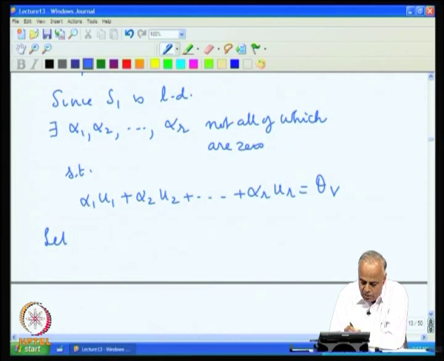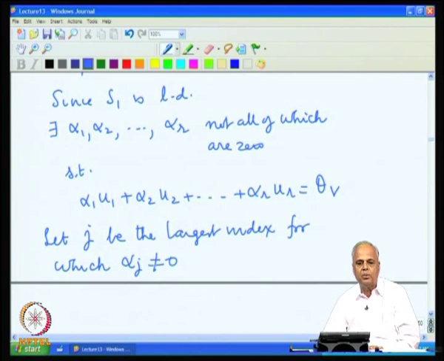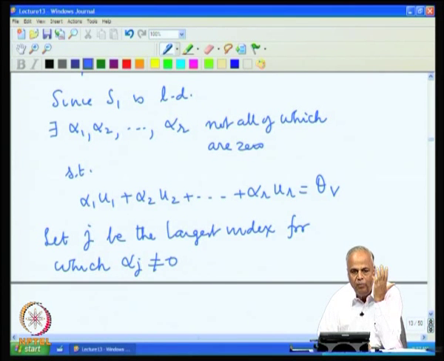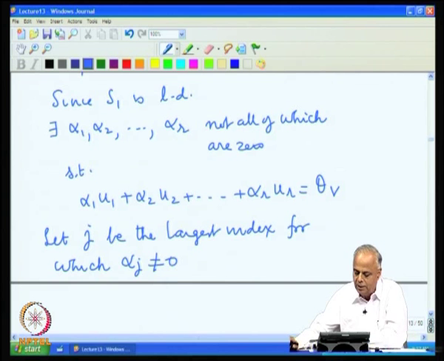So, let alpha j be the largest index for which alpha j is not 0. We know that not all of them are 0. So, we keep on going until beyond which everything is 0. So, j is such that alpha j is the longest among them, beyond which nothing else is non-zero and everything else is 0.